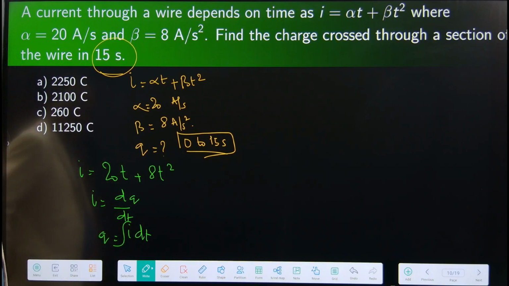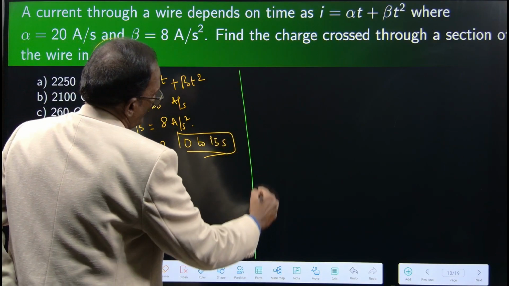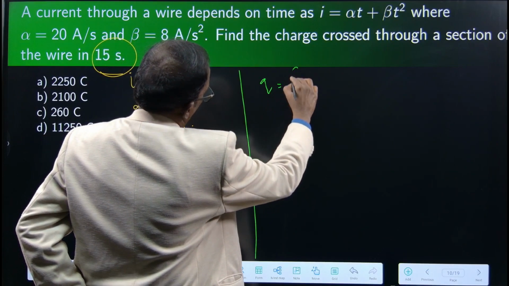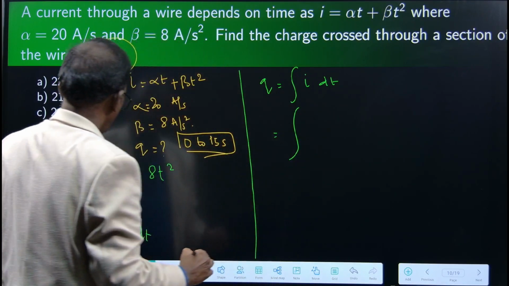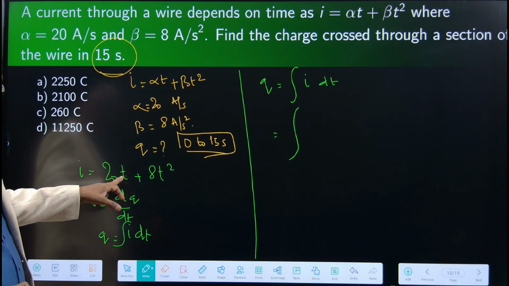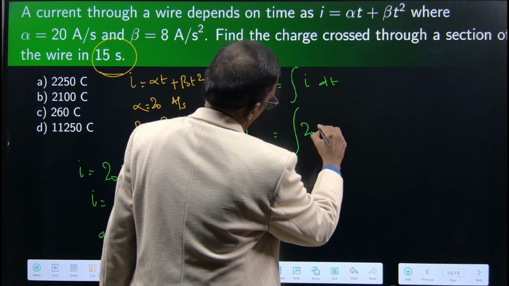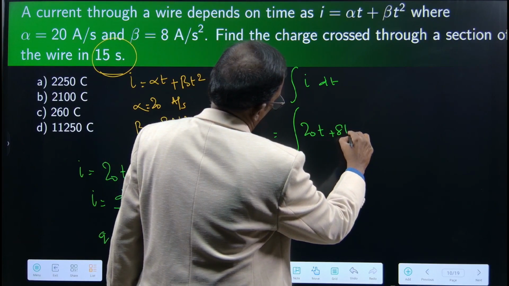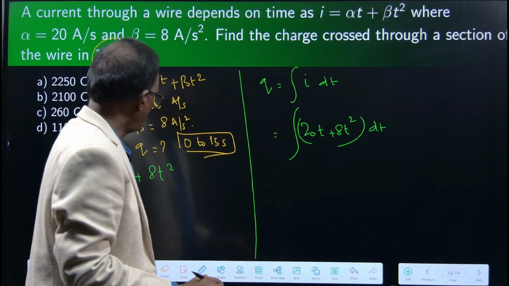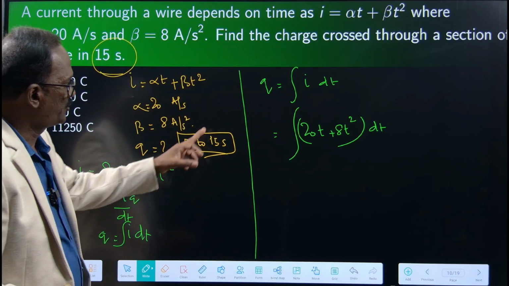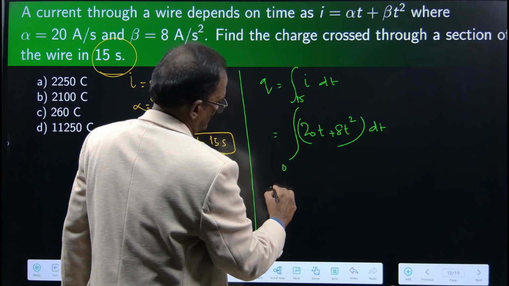Q is equal to integral of I dt, where I is 20t plus 8t square. The time is 0 to 15 seconds. Q crossed between 0 to 15.